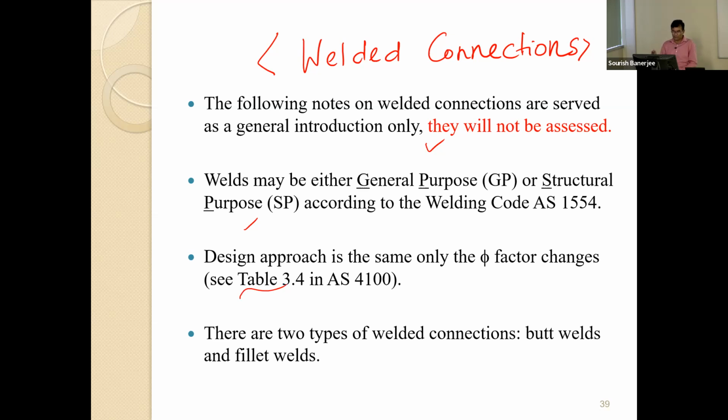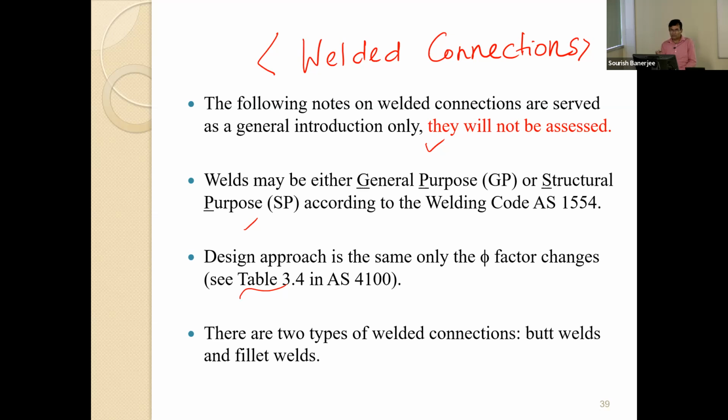Now, before going into that, one thing I'll tell you is that if you understand the bolted connection well, you'll be able to design the welded connection also, because if you think of an analogy, when you are designing the bolted connections, what were you determining? The diameter of the bolts and the spacing of the bolts.